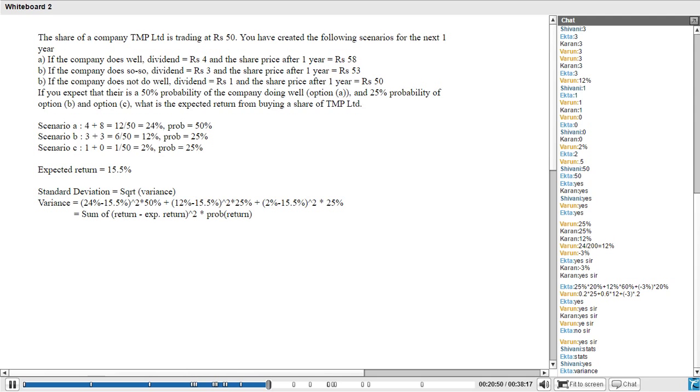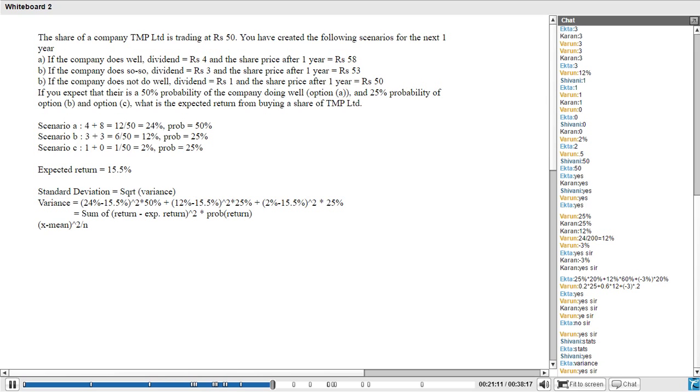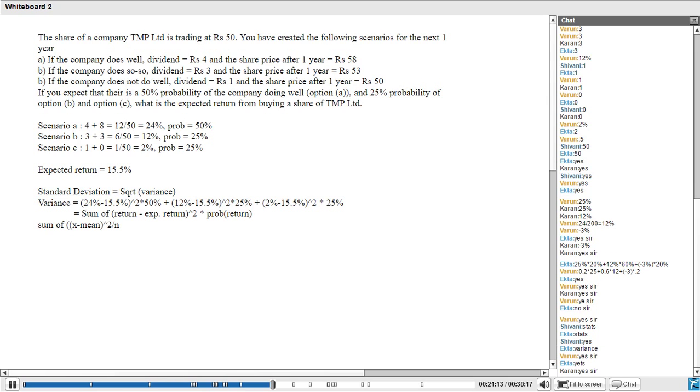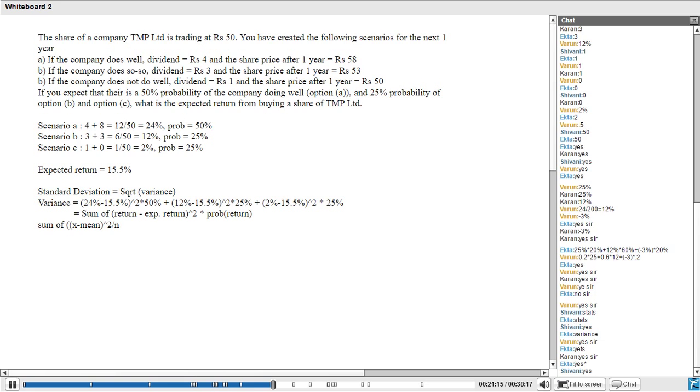Normally, we used to calculate it like this: x minus mean to the power 2. If all of them were equally distributed, we used to calculate the sigma divided by n. You remember this formula, all of you? This is exactly the same thing we are doing.